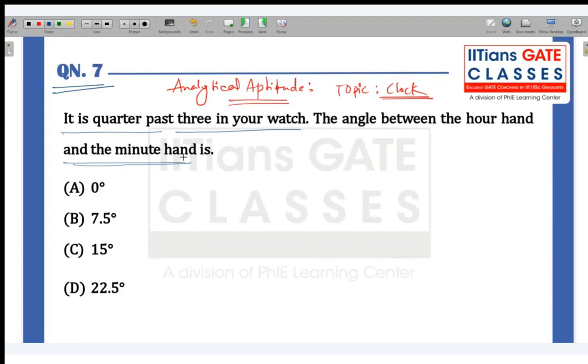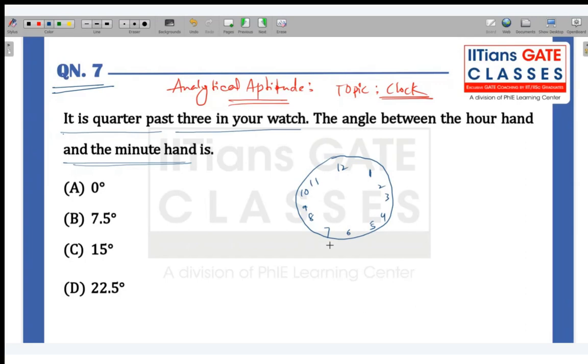If you draw it, it is a circular analog clock with 1, 2, 3, up to 12, and there are three needles: the hour hand, the minute hand, and the second hand. If you know the basics, you can solve this question.